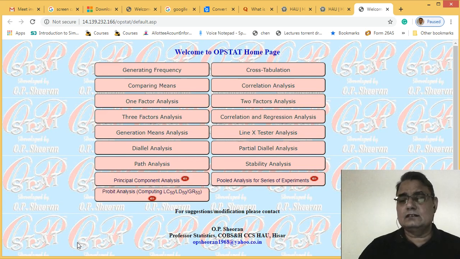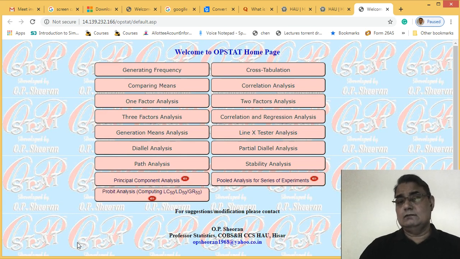Similarly, for 3-factor analysis, we have 3-factor CRD, 3-factor RBD, and split plot, with 2 factors as main factors and 1 as sub factor, and split plot with 1 factor as main factor and the other 2 factors as sub factors. There are almost 5 or 6 modules for split plot in 3-factor analysis.